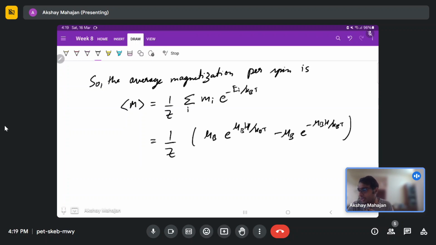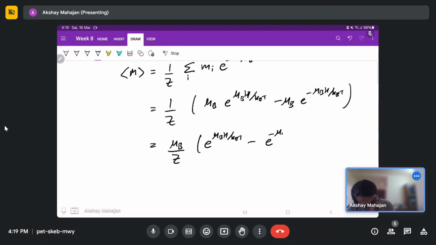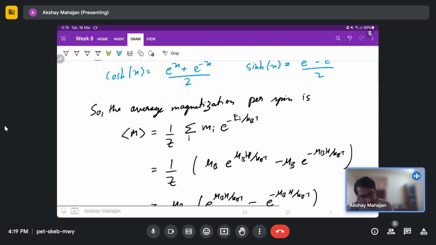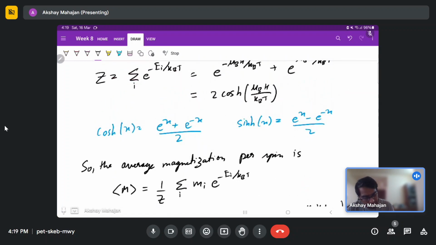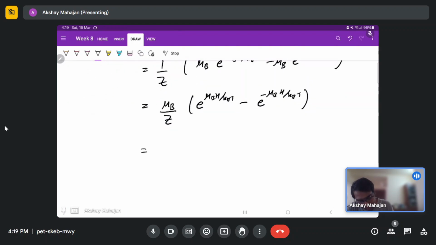Alright, and you can just take mu B common here, but you will be left with e to the power mu B H by kBT minus e to the power minus mu B H by kBT. Then using the sine hyperbolic formula, e to the power x minus e to the power minus x divided by 2, we can write this as 2 times sine hyperbolic mu B H by kBT.